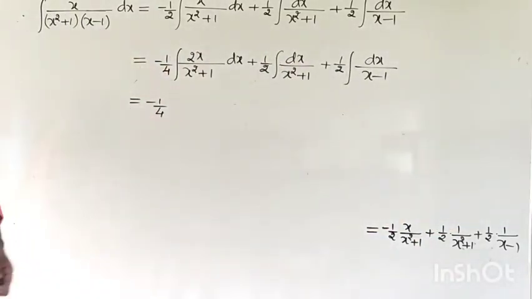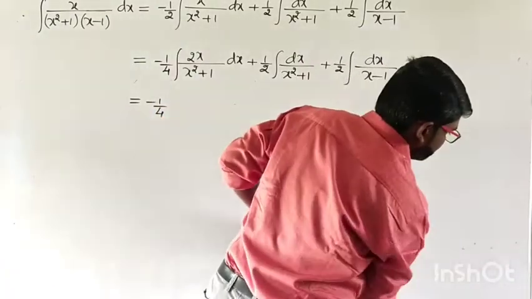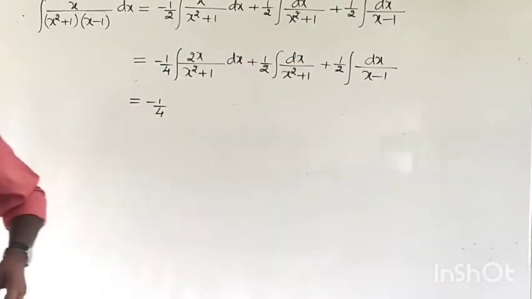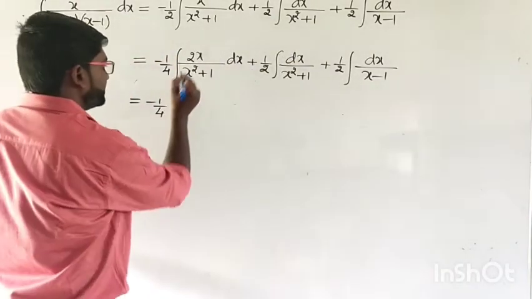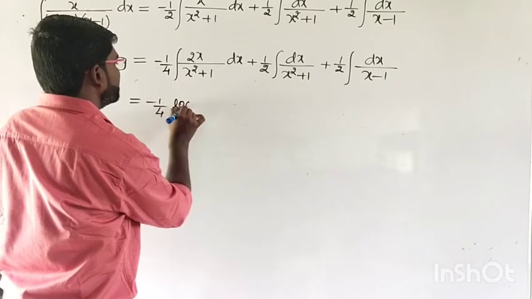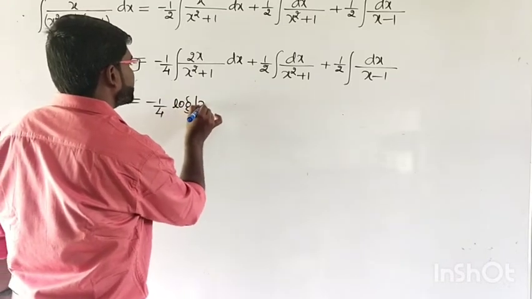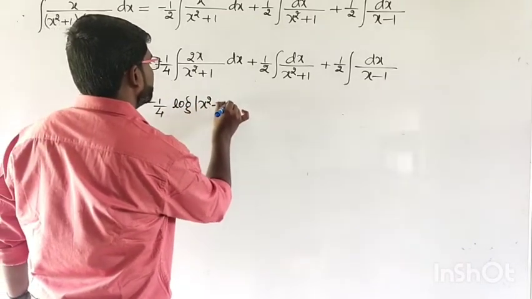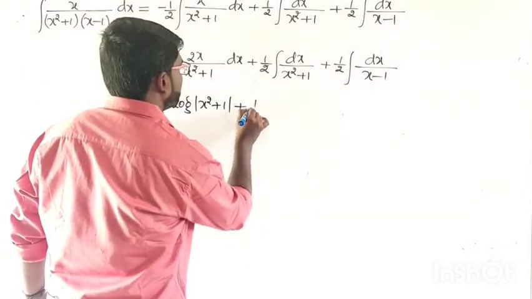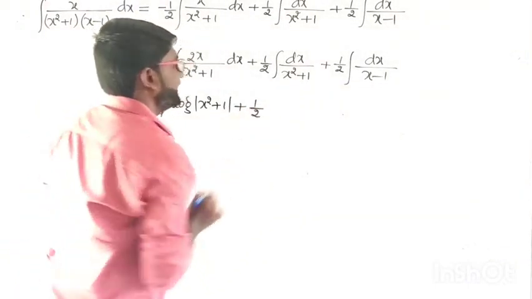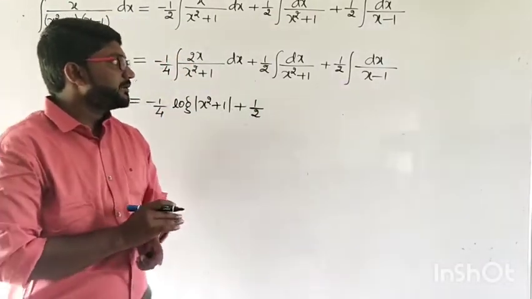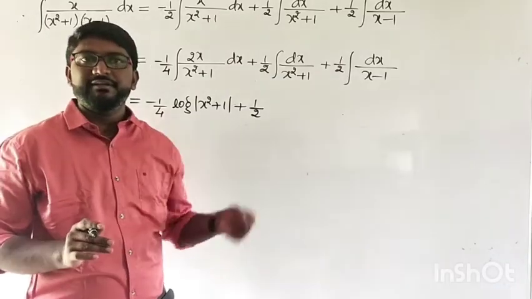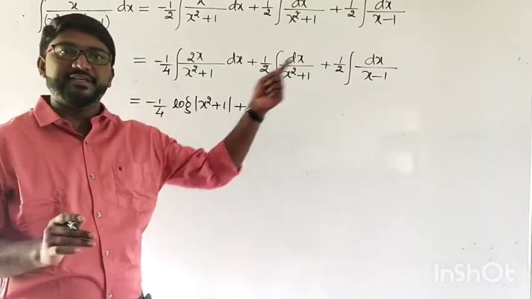So see here, this becomes log mod f of x, that is x square plus 1, plus, write 1 by 2 as it is, then integration of dx by x square plus 1, or 1 plus x square, is tan inverse x plus c.